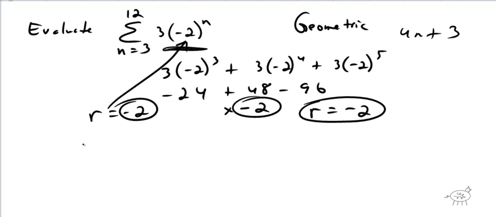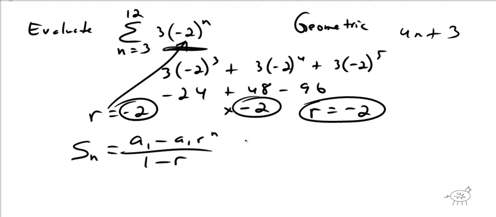Okay, so we're going to use our nice little friendly formula. S sub n is equal to, well, let me write it out first here: a sub 1 minus a sub 1 r to the n over 1 minus r. So obviously I need my first term. I don't need my last term, but I do need r, and I need n, which is the number of terms.